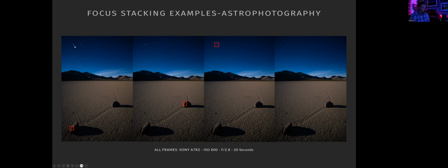And you can see in the far left one for the foreground, the stars are kind of bloomed, they're a little orbed, and they're not pinpoint sharp. You can also see that the mountains in the background are not pinpoint sharp. So this is just a simple focus on this rock, and then my focus image for the stars.